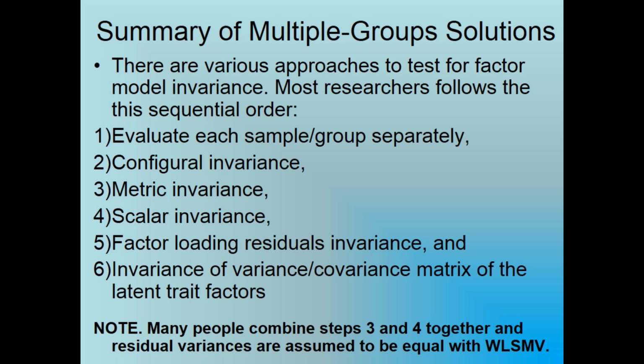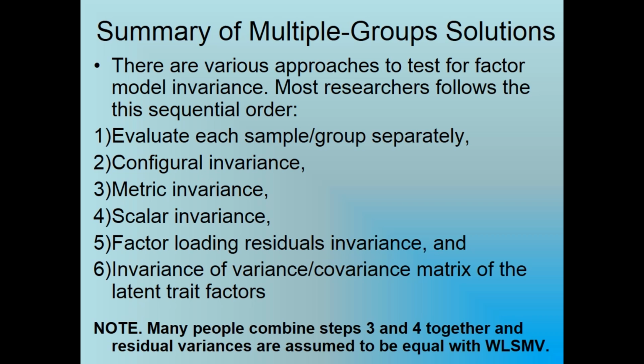You would then relax those constraints one at a time until the changing chi-square was non-significant. The other option you could do is you could relax just the factor loadings or just the thresholds. What I typically do is estimate or relax the entire item.